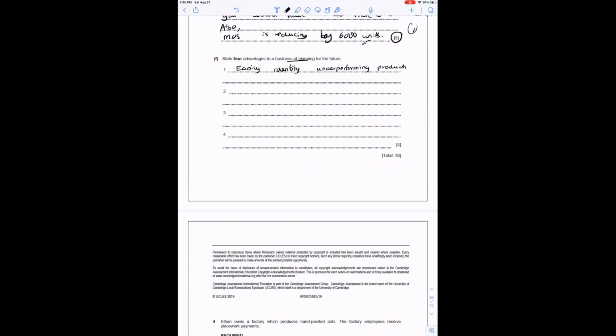I can ensure that skilled workers are available to meet production. I can also ensure that sufficient finance is available for continuing operations in the future.